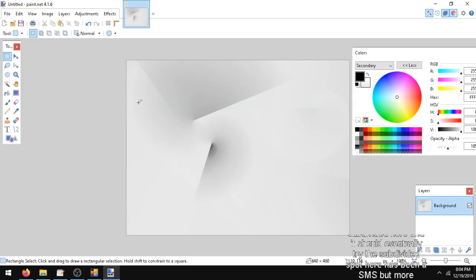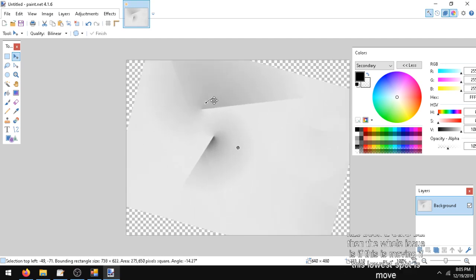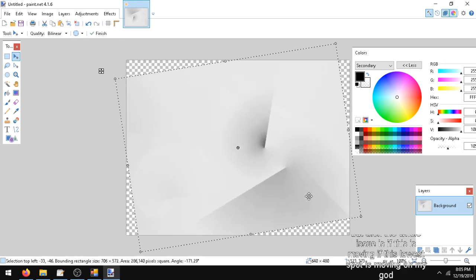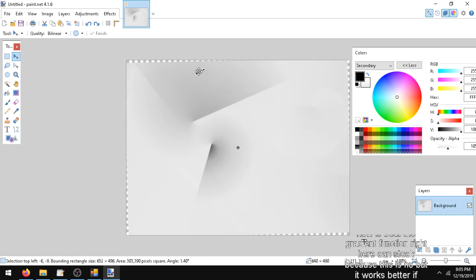But then the whole issue is if this lowest spot is moving, oh my god, if it's moving, then you're fucked. So that's actually one of the things I'm thinking about right now, is if the gradient function right here gets stuck because this is still, but it works better if this is moving.